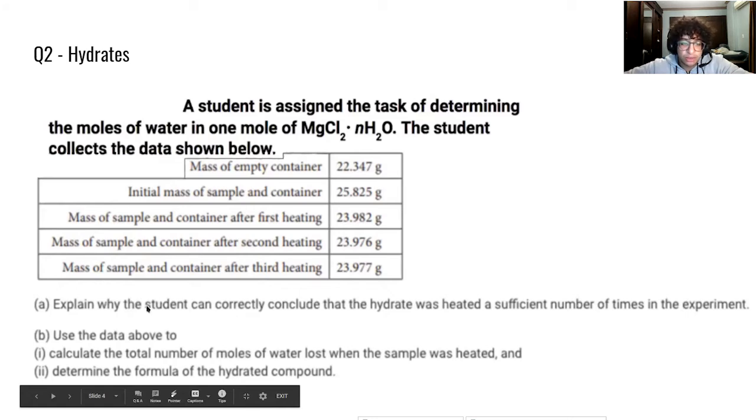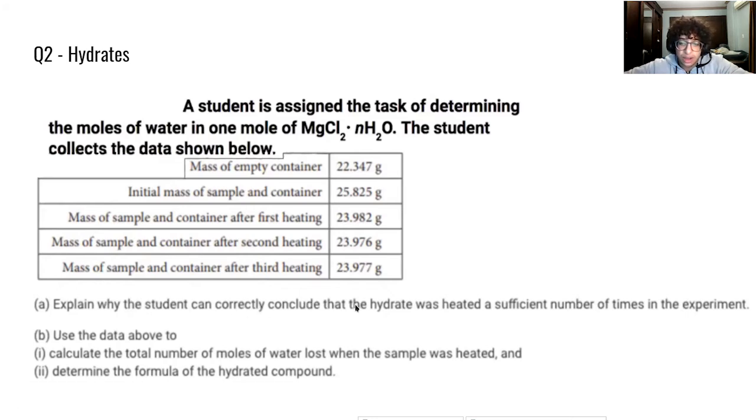It says, explain why the student can correctly conclude that the hydrate was heated a sufficient number of times in the experiment. Now, what it means here is, why doesn't the student need to heat it more times than three? The answer is that if you take a look at the values after the first heating, the second heating, and the third heating, the intervals between them are very, very minor.